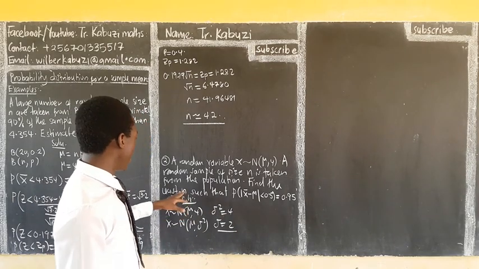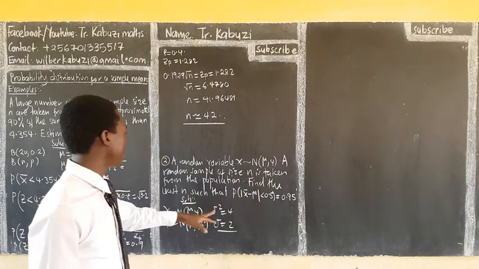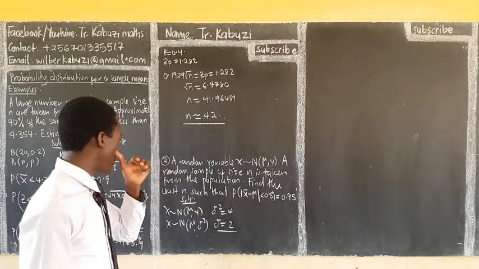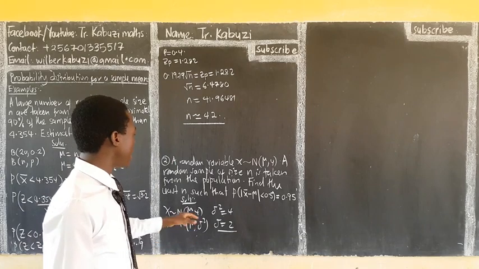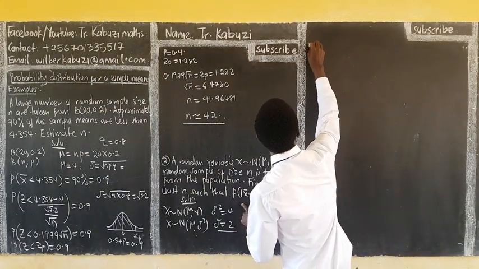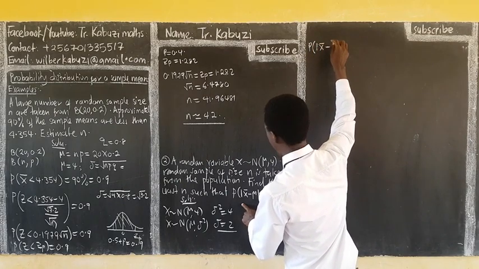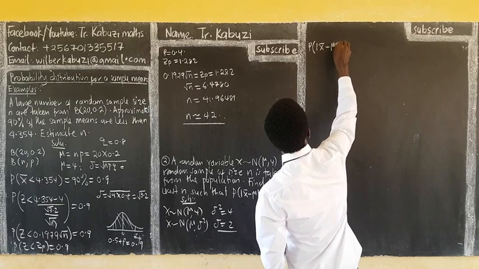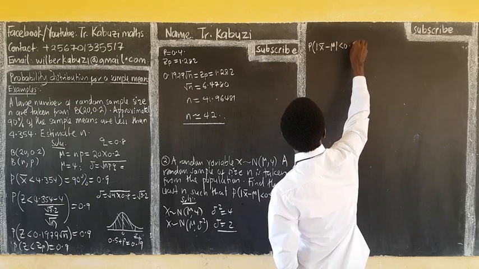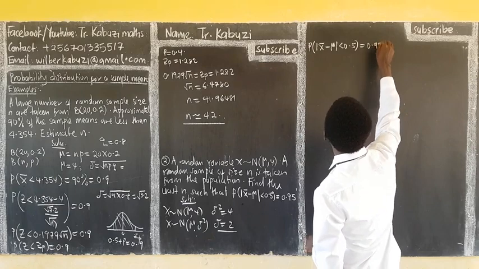Now they're telling us to find the value of n such that this is true. We have the probability of the magnitude of x bar minus mu less than 0.5 equal to 0.95.